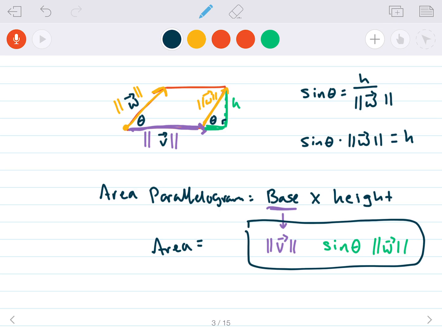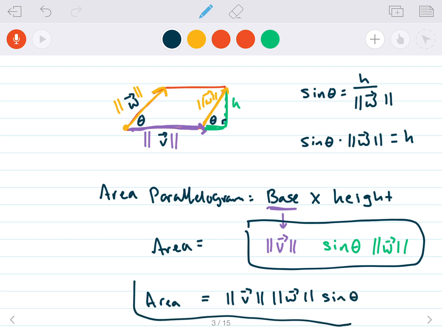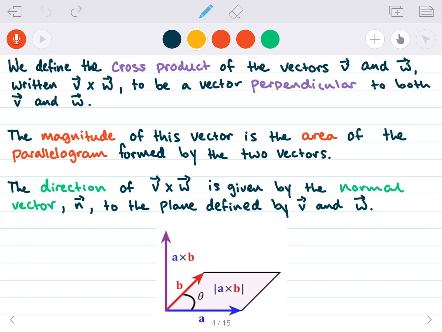And if we want the sine of theta to come at the end, we can simply use the fact that multiplication commutes, and we have the magnitude of v times the magnitude of w times the sine of theta. And so that is going to be our area right here.